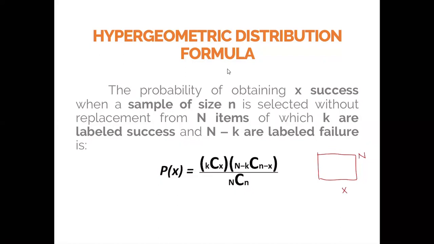Tapos dun sa population natin, meron tayong success, tapos meron tayong failure, dalawa lang yan. Kung halimbawa tatawagin kong P yung successes natin, ang matitira doon sa population natin is N minus P.